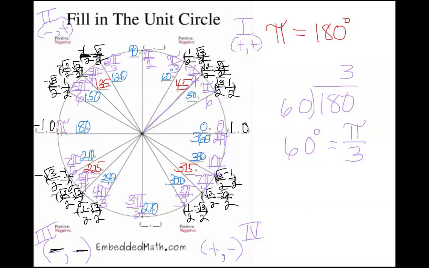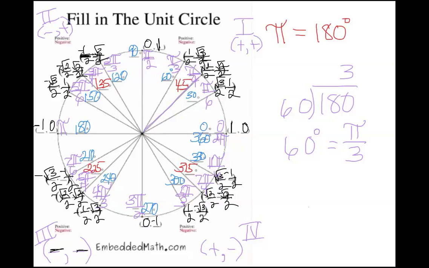Okay, if I go up to 90 or pi over 2, this is positive 1, up positive 1. So that y would be 1. And then it's on the y-axis, so your x value is 0. Okay, so down here, straight down, that's still on the y-axis, so x is still 0, and y now is going down 1, so it's negative 1.